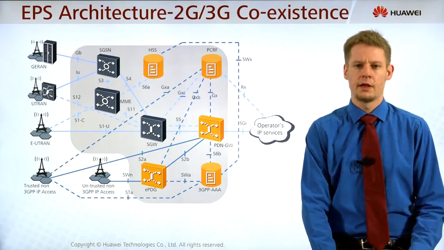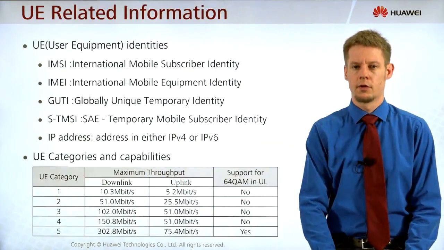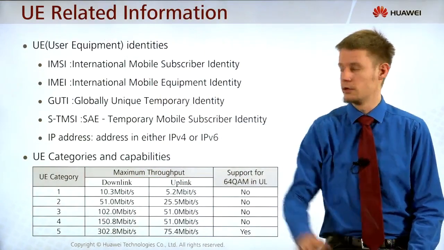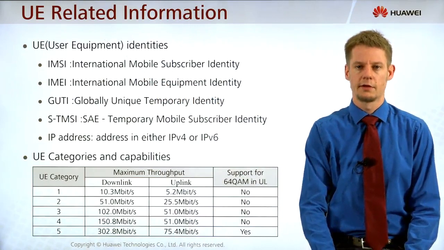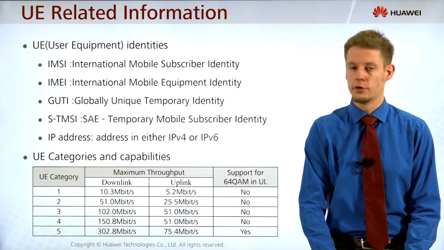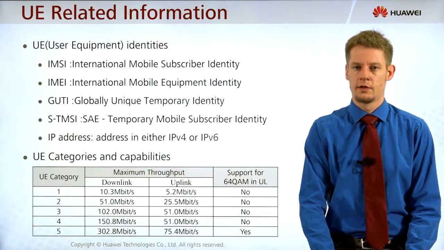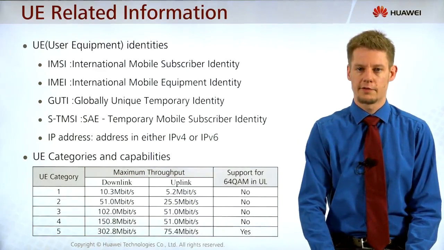So when we go from left to right through the components of LTE, we will start with the UE, user equipment. This can be a cell phone, a tablet, or a netbook or notebook. And this UE has a certain number of identifiers. We all know them, or parts of them, from other systems.